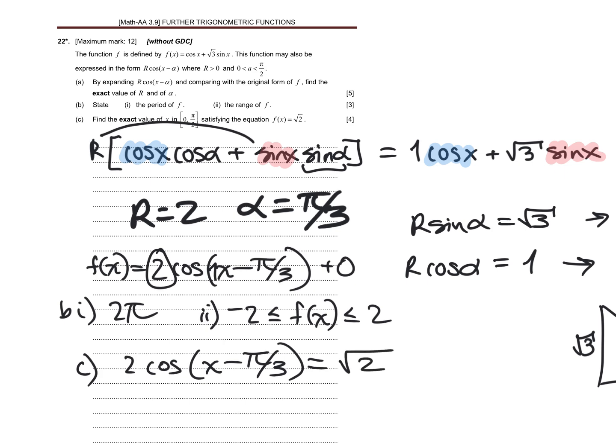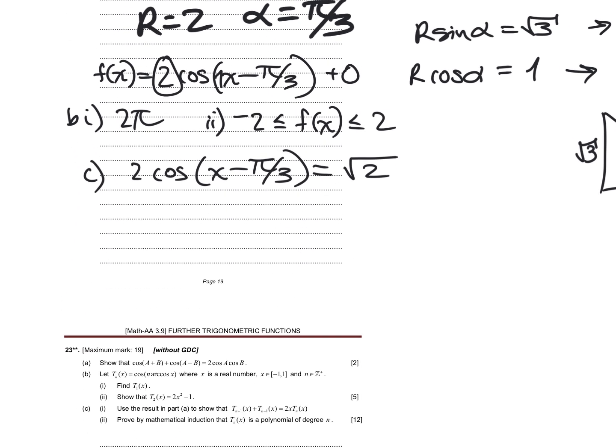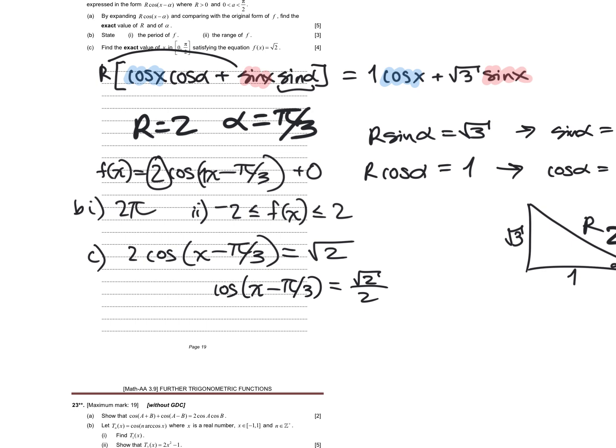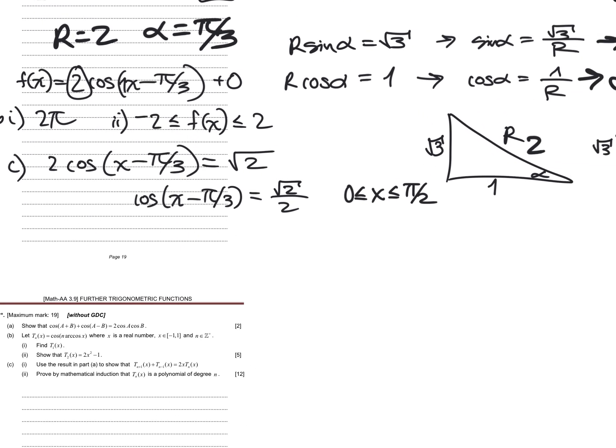Equals root 2. All right, so now we've got cosine of x minus pi over 3 equals root 2 over 2. Our domain is 0 to pi over 2, and we need to subtract pi over 3. Pi over 2 minus pi over 3 is pi over 6.